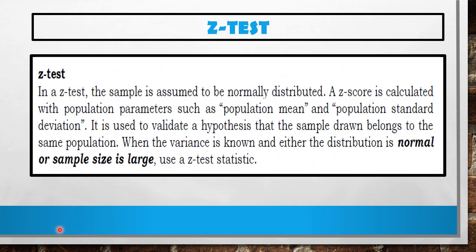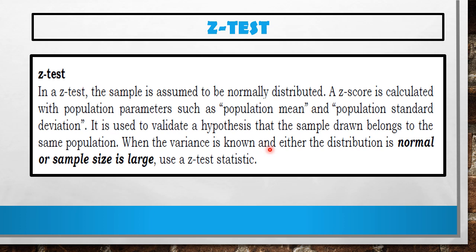First test statistic that you should know is z-test. Ano nga ba ang z-test? Z-test, the sample is assumed to be normally distributed. A z-score is calculated with population parameters such as population mean, population standard deviation. It is used to validate a hypothesis that the sample drawn belongs to the same population.